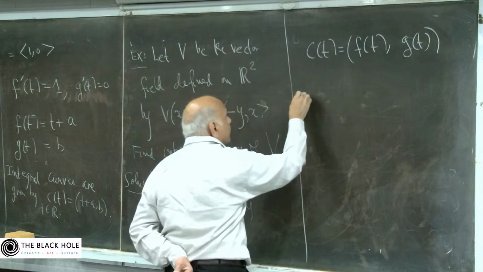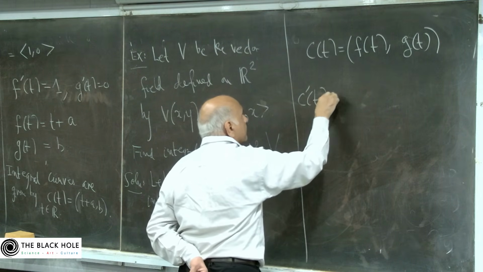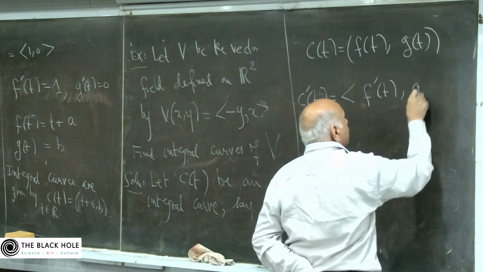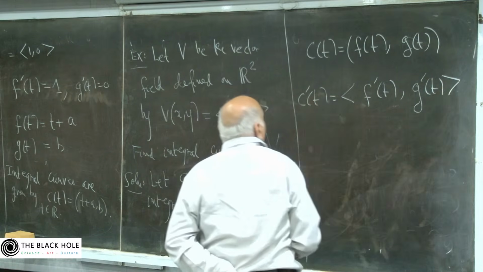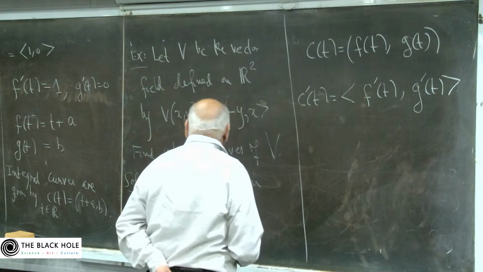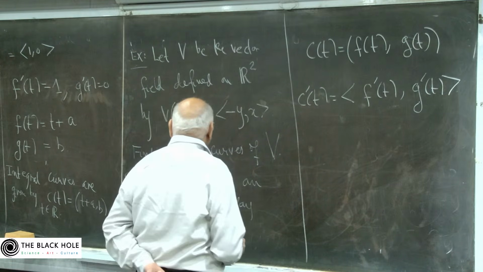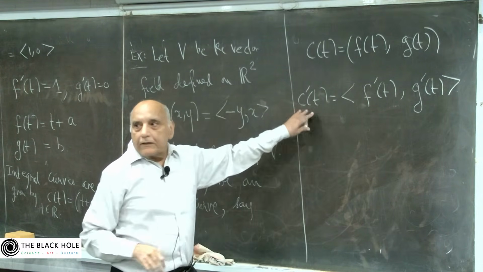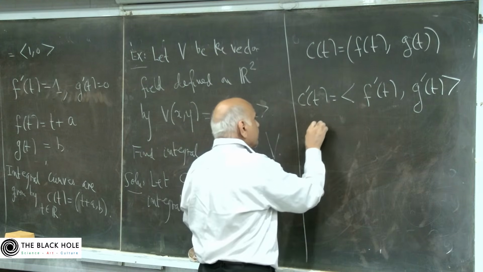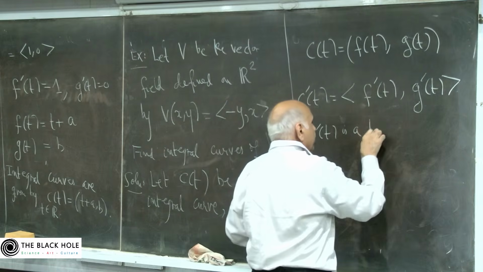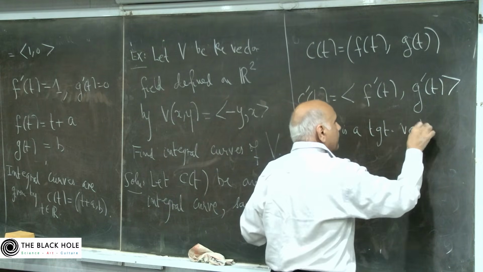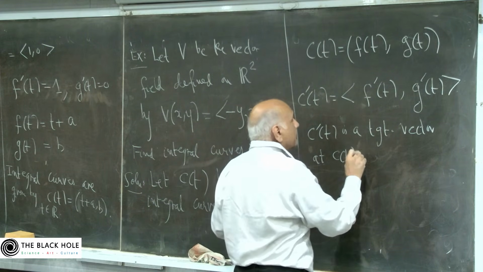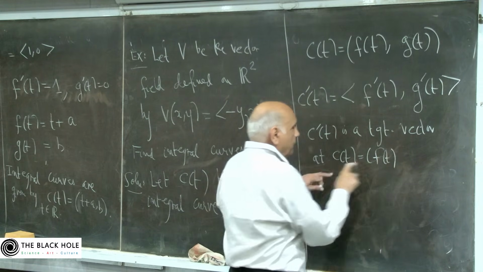So what is C'(t)? It is (f'(t), g'(t)). This is a tangent vector at the point C(t), which has components f(t) and g(t) for the point.